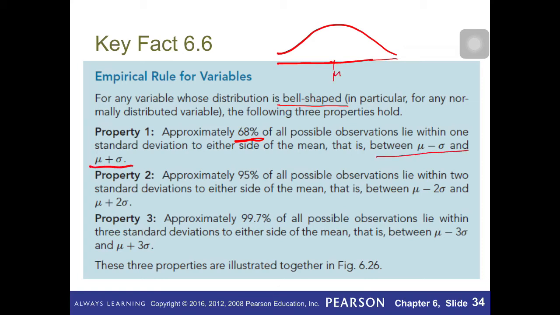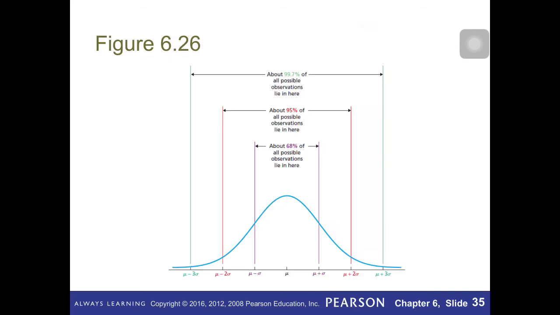Approximately 95% covers within the 2 sigma region, mu minus 2 sigma to mu plus 2 sigma. Approximately 99.7% covers in mu minus 3 sigma and mu plus 3 sigma. So I think you may remember this graph. I think we have done this at the end of chapter 1.